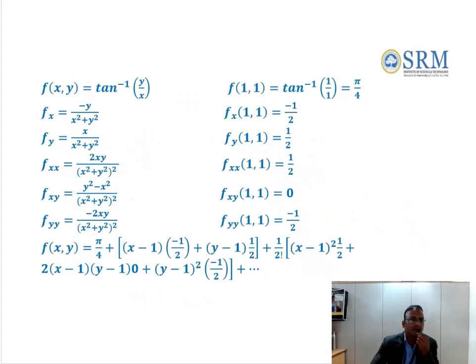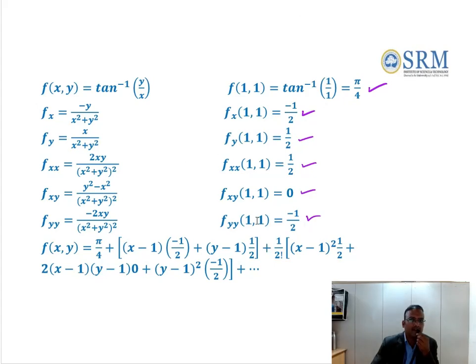Right. So, these are the derivatives. After replacing x equal to 1 and y equal to 1, f of 1, 1 is pi by 4, because tan inverse of 1 is pi by 4, and fx of 1, 1 is minus 1 by 2, fy of 1, 1 is 1 by 2, fxx is 1 by 2, and fxy is 0, and fyy is minus 1 by 2.